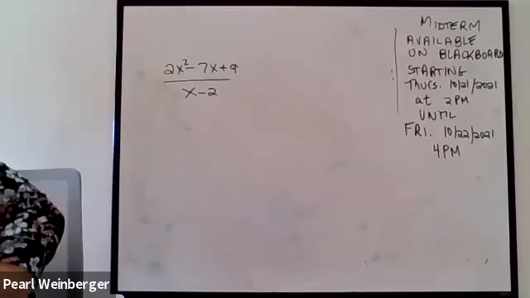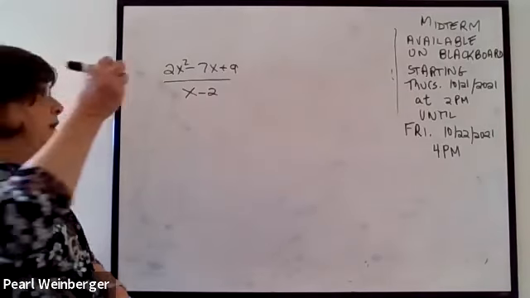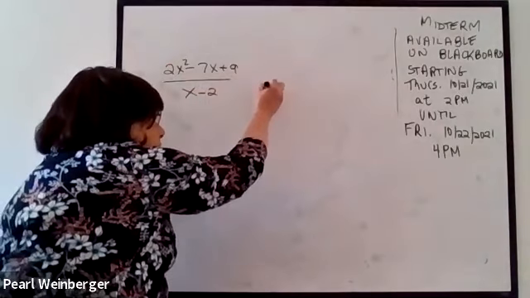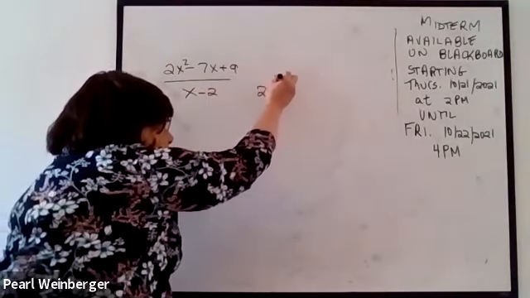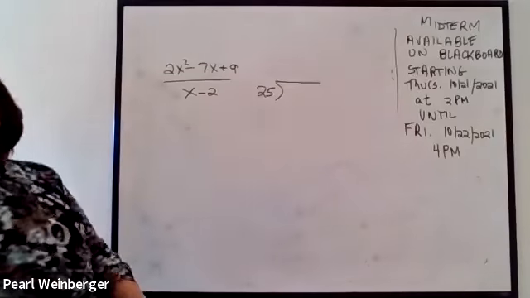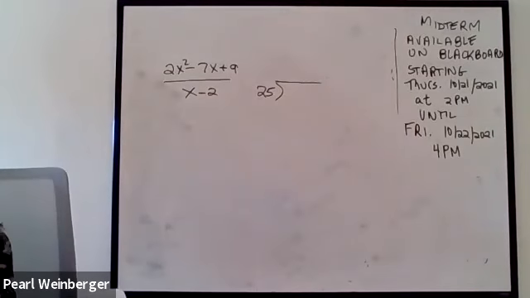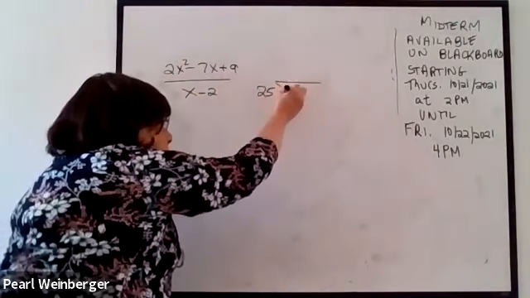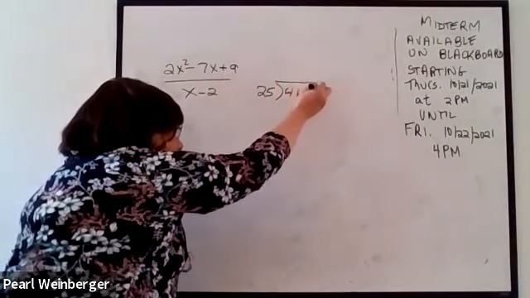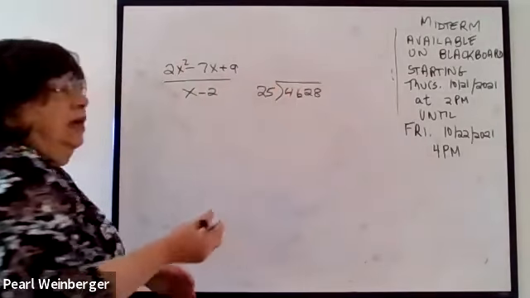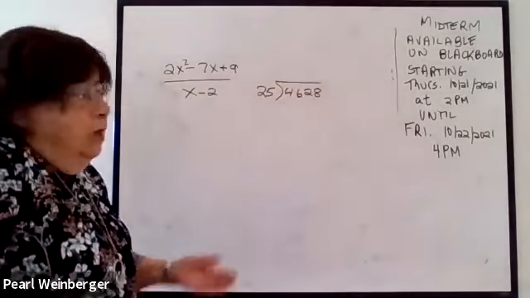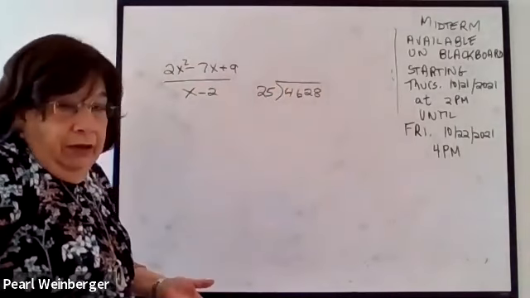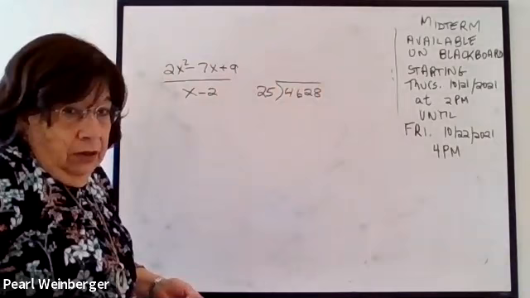So let's say I had told you that I wanted to divide 25 into 4,628. Now, nowadays, of course, when we have just division of numbers, we just pull out our calculators.